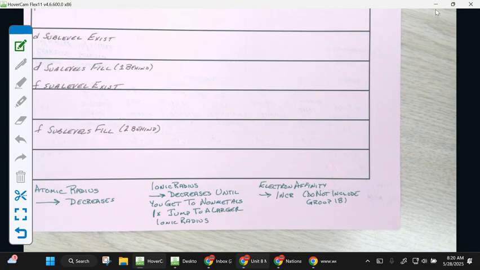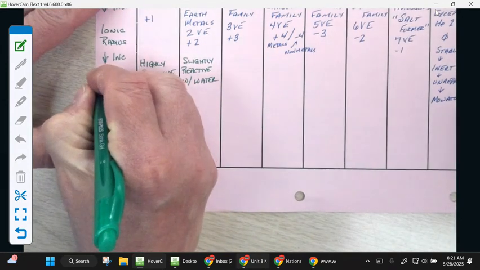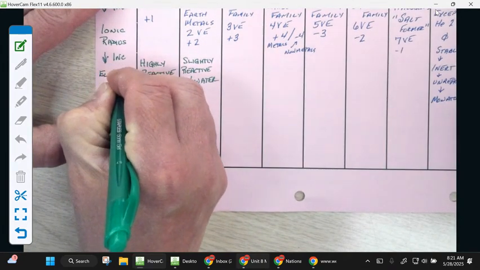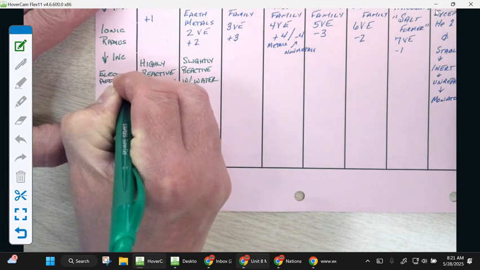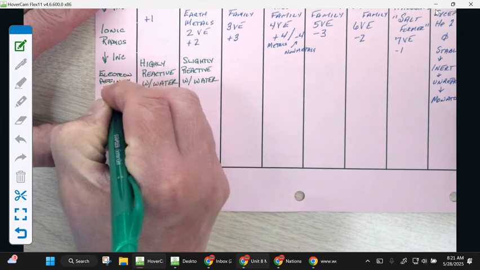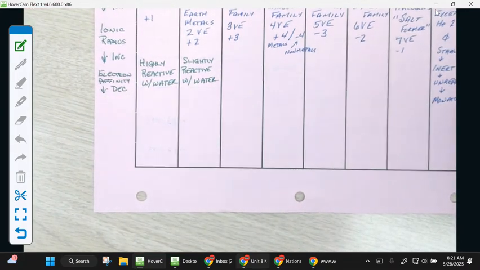So the best nonmetal for electron affinity is what? Fluorine. Very good. Electron affinity as we go down decreases.